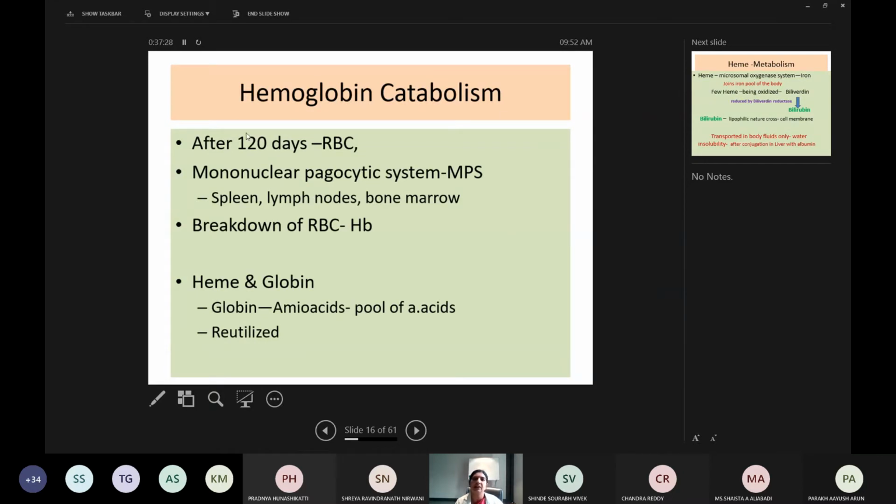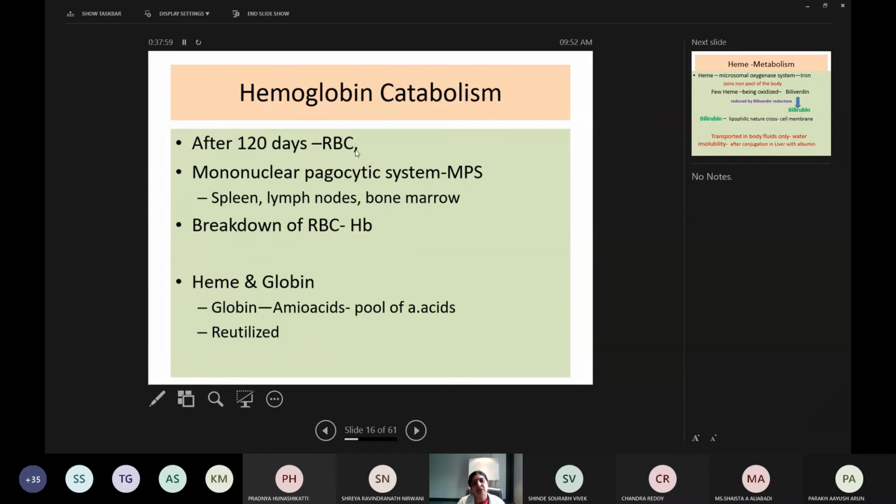This part will be dealt with in detail in biochemistry, or if it is already over, you will know it. This is a horizontally integrated class according to CBME, so physiologically we don't go in depth about heme metabolism and liver function tests. Both will be dealt with extensively in biochemistry. We will deal only with the physiology part.